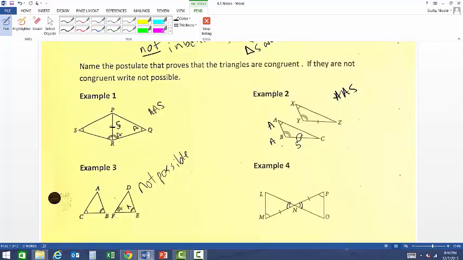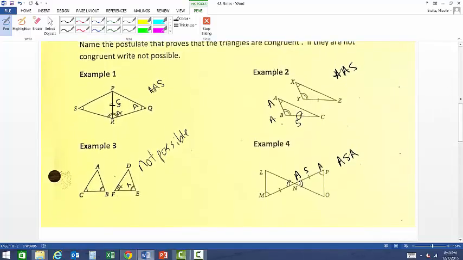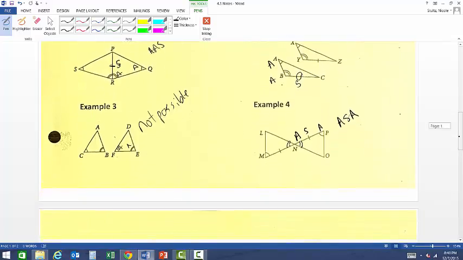Do that first. We have an angle marking, a side mark, another angle mark. We have angle, side, angle. So that's just familiarizing you with a picture and matching the correct theorems to the pictures.